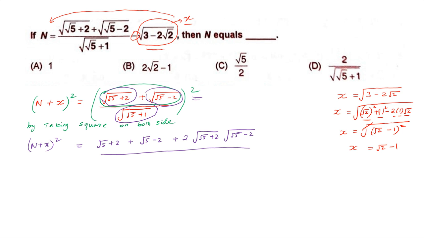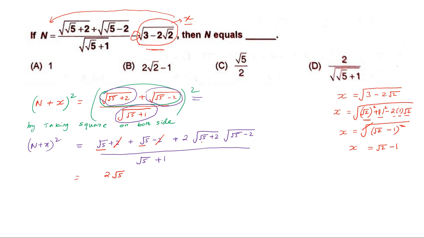When we are squaring, this root and square get cancelled, so that root 5 plus 1 we are getting. Now see here 1 root 5 is there, here 1 root 5 is there. So root 5 plus root 5 we can take as twice root 5, and here plus 2 and minus 2 cancel.